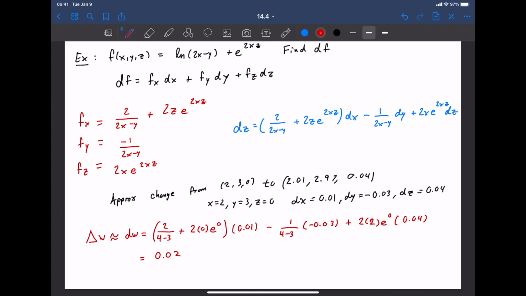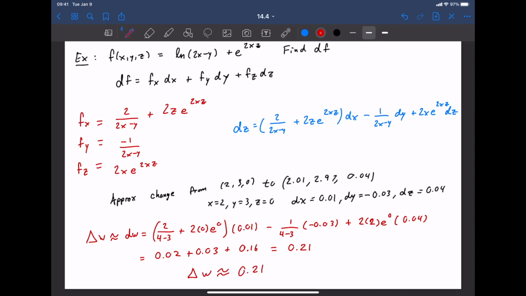So that one's going to be plus 0.03. And the last one's going to be 0.16, which works out to be 0.21. So the actual change in W is approximately 0.21.